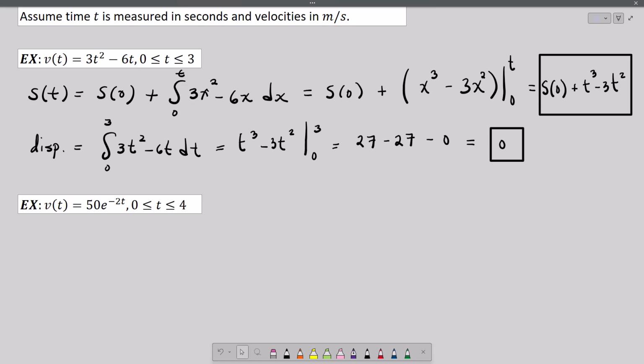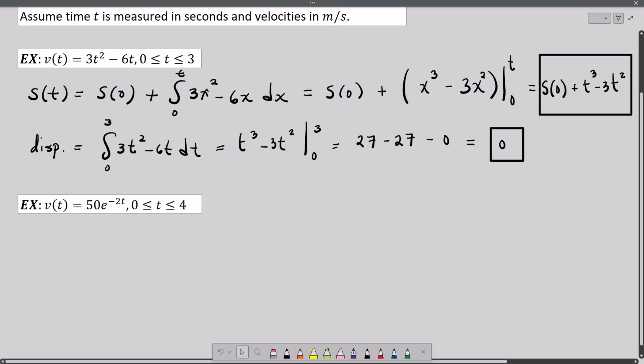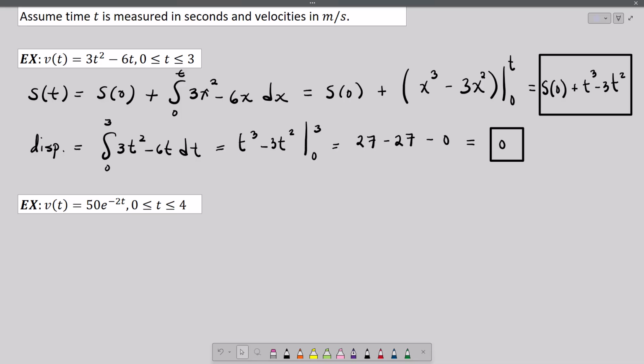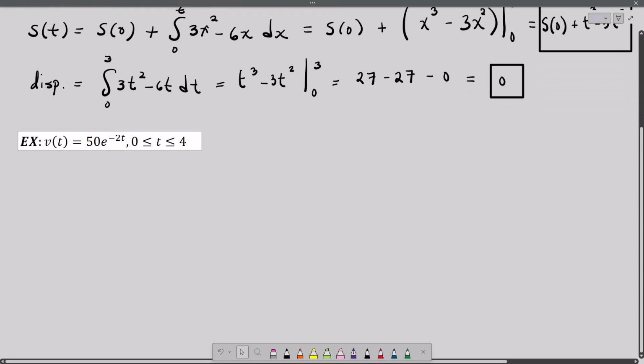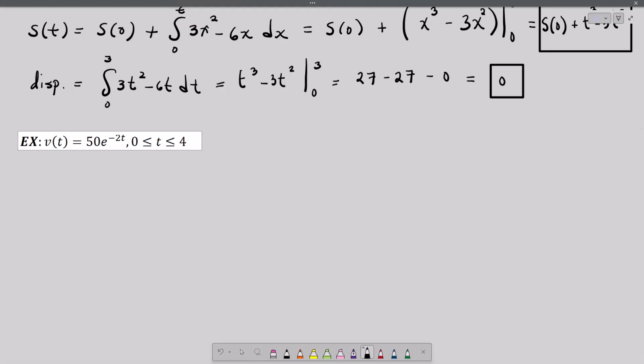You have to do the upper area minus the lower area. But with an exponential decay like this that's not shifted, this is always above the t-axis, right? So it's never dipping below, so we never are moving to the left. The motion is always to the right. So the distance and the displacement has to be the same. No choice there.